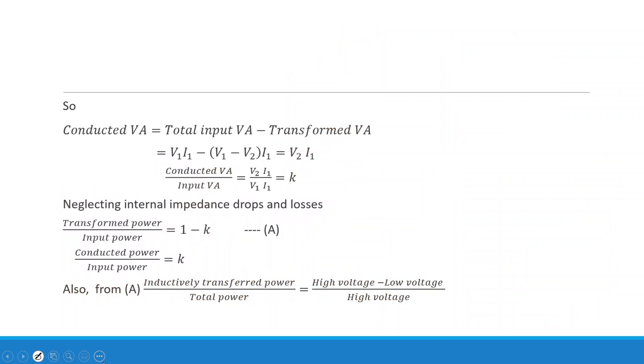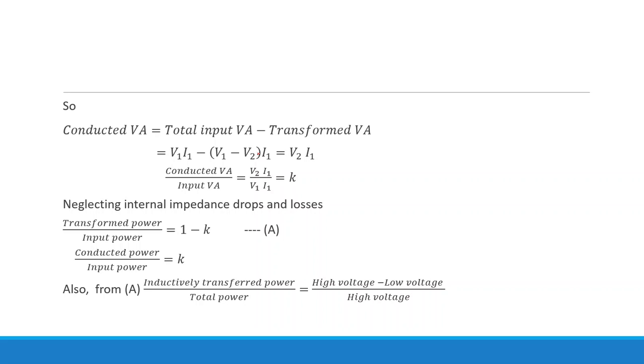Okay, so let us find out how much will be conducted through conduction. So conducted volt ampere, that can be written equal to total volt ampere minus whatever is going to transfer through transformer action. So that will be subtracted. You can put that in mathematically. Total volt ampere is V1 I1. We already saw how much is going to transfer through transformer action.